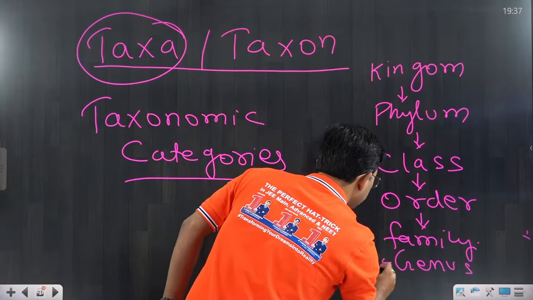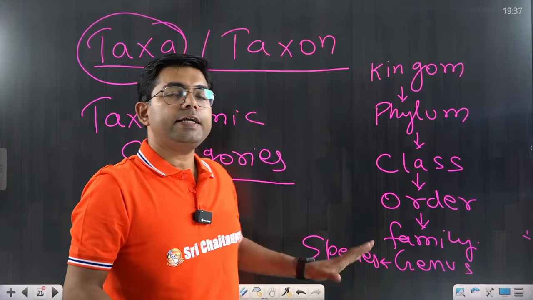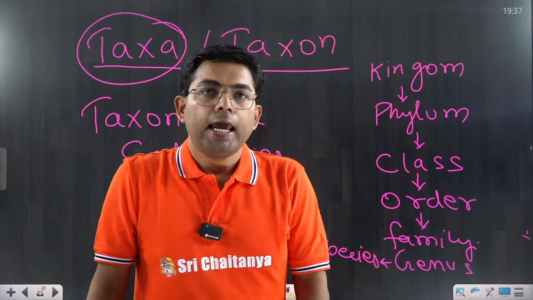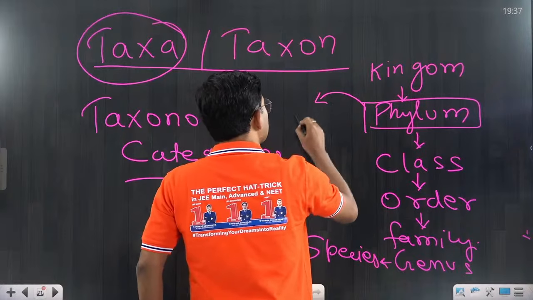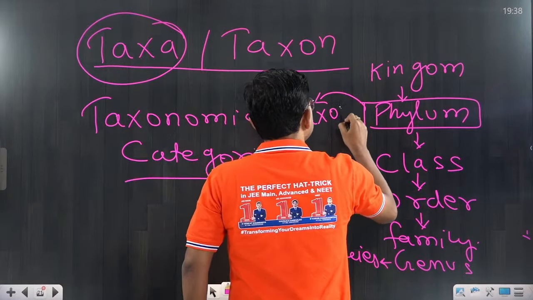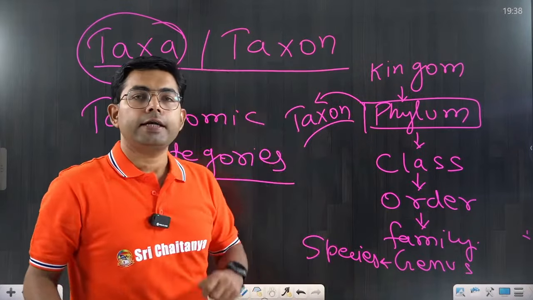So there are in total 7 taxonomical categories, and each individual category is called taxon.